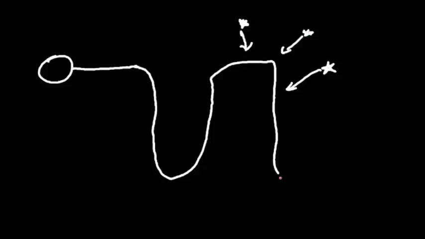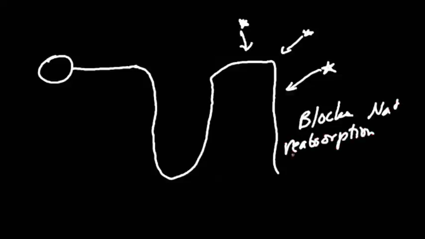So the amiloride diuretic blocks the sodium reabsorption. Reabsorption meaning the sodium that's found in the lumen gets reabsorbed and goes back into the bloodstream. So we're going to block that sodium reabsorption, and it's not going to affect the potassium. So no potassium affected. So potassium can still get reabsorbed.